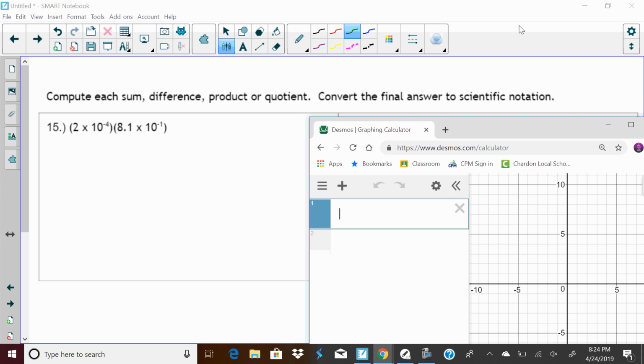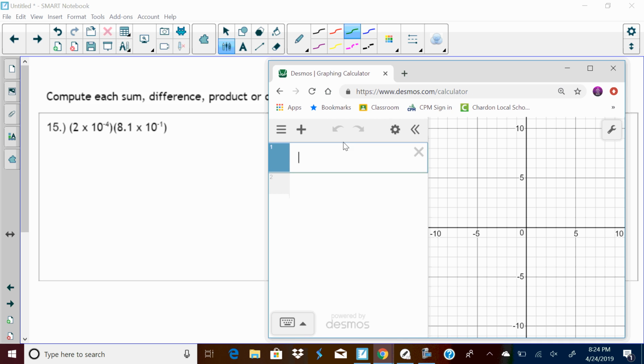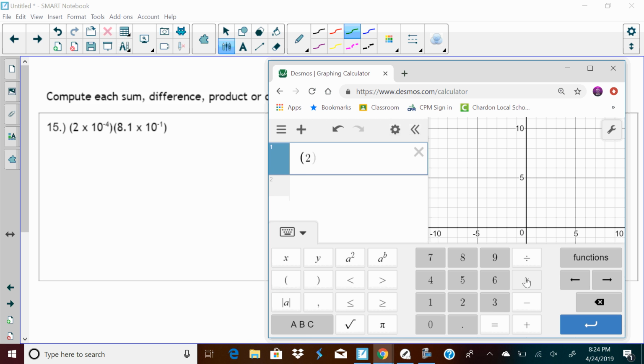Okay, for this next point, I need a calculator. So I'm going to use my Desmos as a calculator. For this first problem, I'm going to plug in 2 times 10 to the -4th power, close my parenthesis, and then parenthesis 8.1 times 10 to the -1.